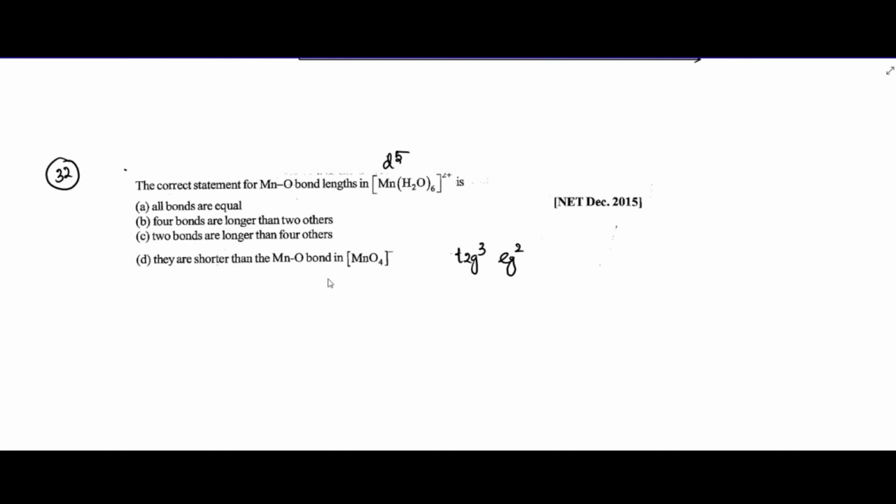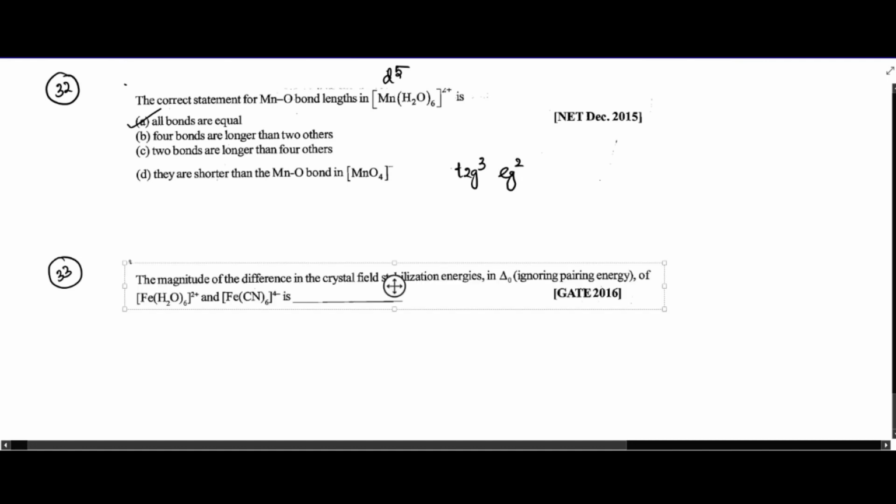Equal distribution, no Jahn-Teller distortion. Jahn-Teller distortion ഒന്നും ഇല്ലെങ്കിൽ bond lengths എങ്ങനെയായിരിക്കും? Which option? Or it will be a regular octahedral. All bond lengths are equal. Option A. Okay.